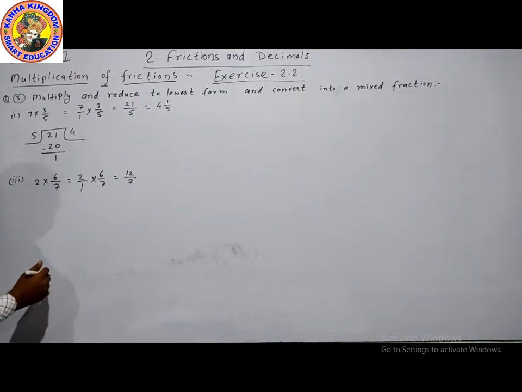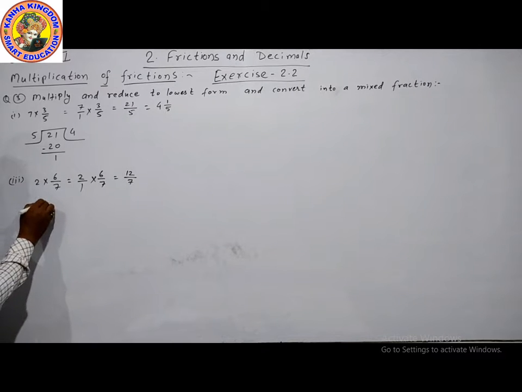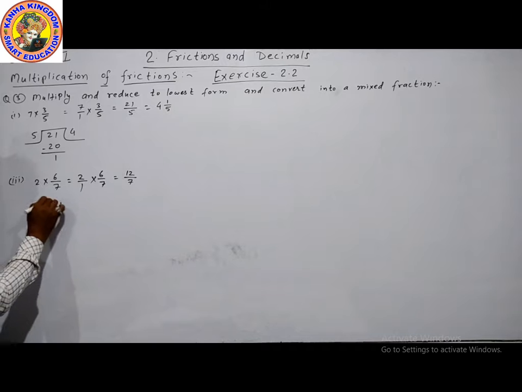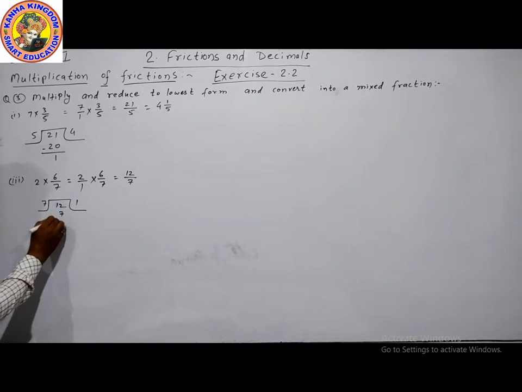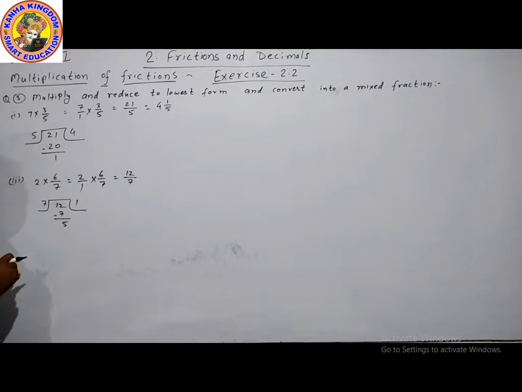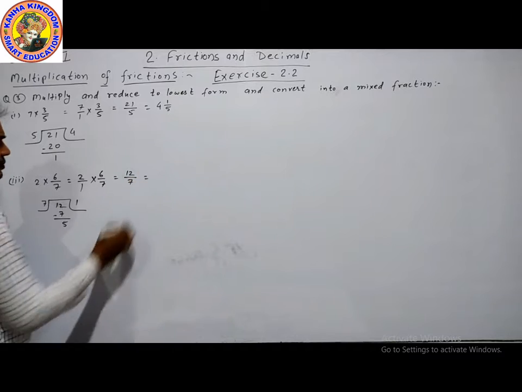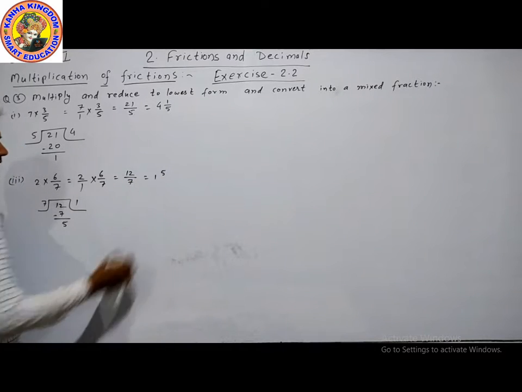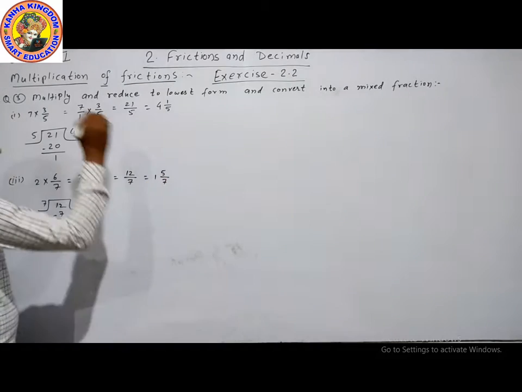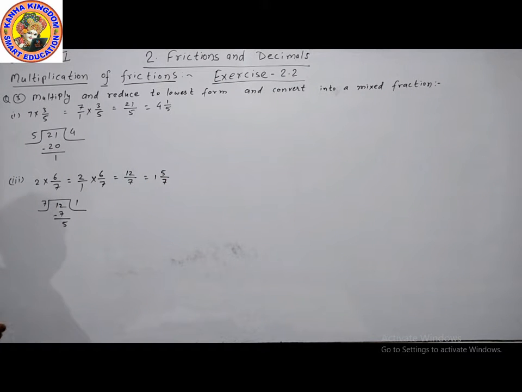Now we convert into a mixed fraction. 12 is divided by 7: 1 time 7, remainder is 5, 5 is less than 7, so we cannot divide again. The answer is 1 time, remainder is 5, divisor is 7. So this is our mixed fraction number.